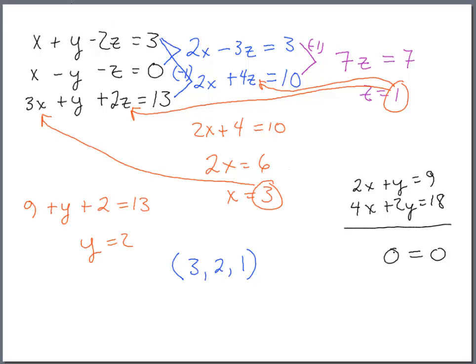Well, how often is 0 equal to 0? Always. These lines are always crossing, which for this, we don't have all numbers as a solution. We have this set of numbers, which is an infinite, huge, big set of numbers that works. So we just write down infinite number of solutions.